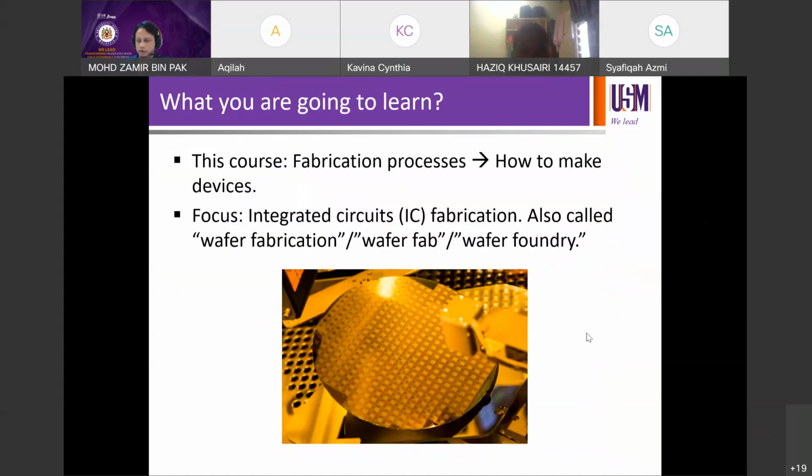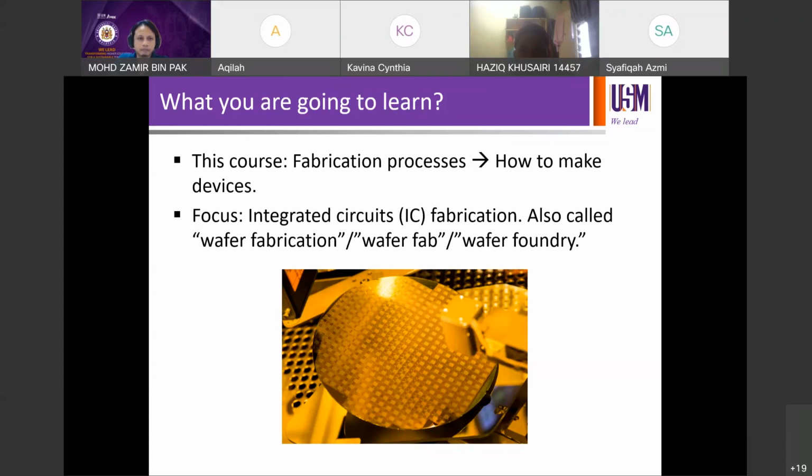So in this course, as the name explains, semiconductor fabrication processes, you're going to learn about the fabrication of the devices. In the last semester you learned the fundamentals, the theories behind the operations, and multiple modes of operation. For example, if you talk about CMOS, then in this course we're going to learn how we actually fabricate the devices.